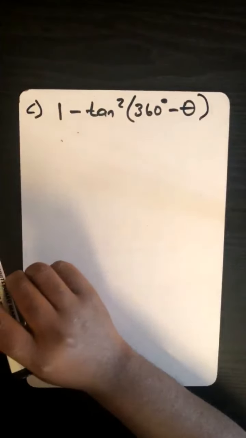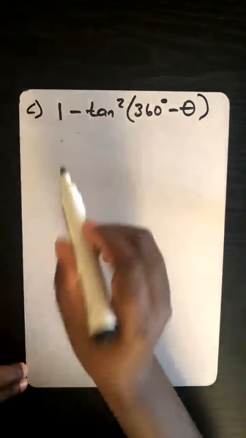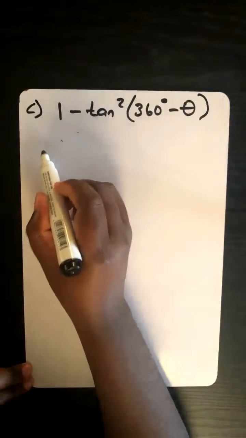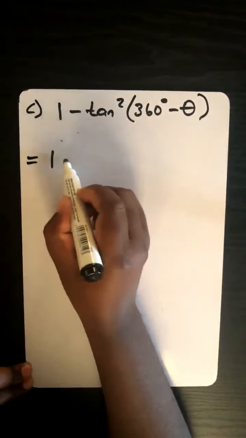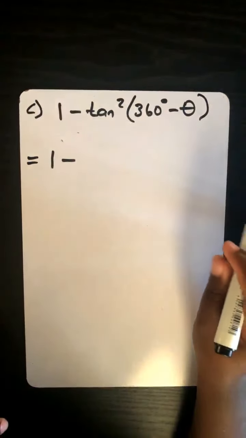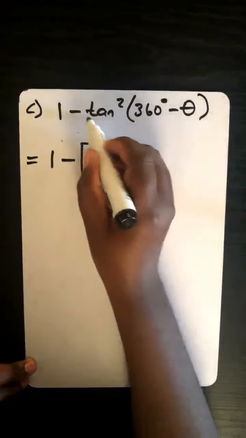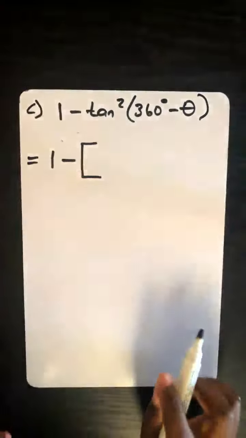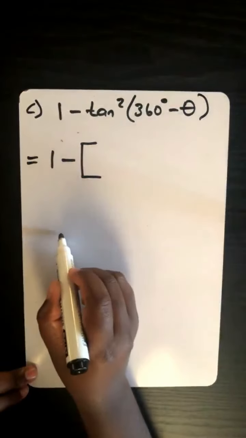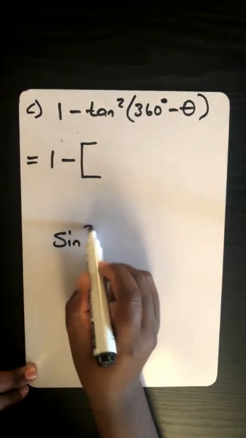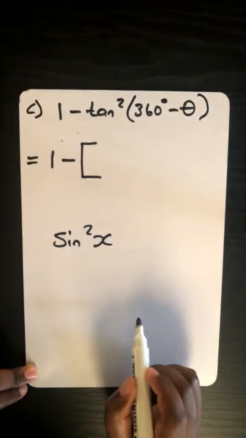So guys, we are given that as a problem. Obviously this is an expression, we therefore need to simplify. So let's have a look. We've got 1 minus, I want you guys to be careful of something. This thing which has got a squared over there, it doesn't matter whether it's sine squared angle, which is x.